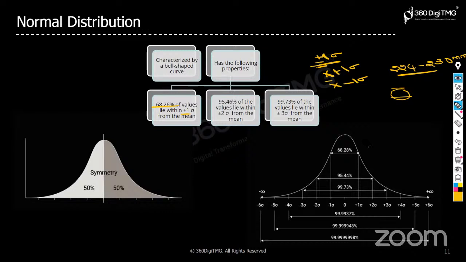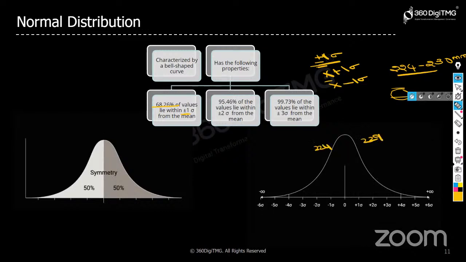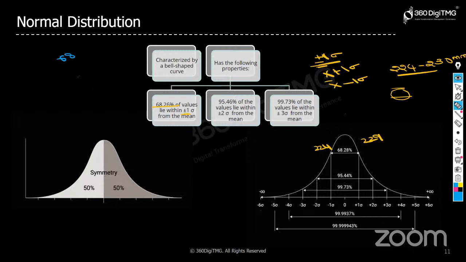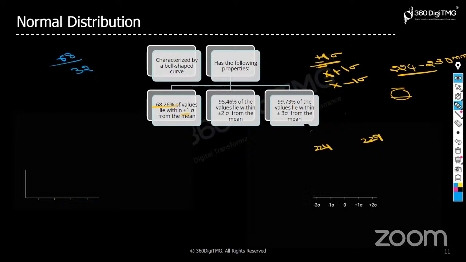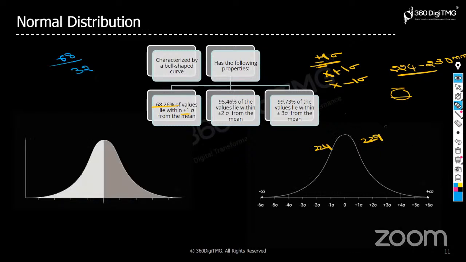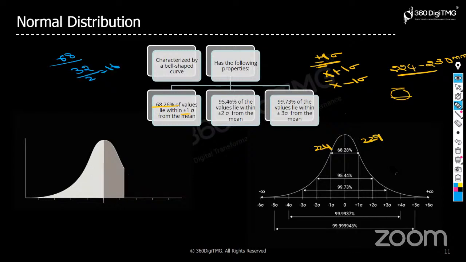So what about the others? If I take this as 68%, then what is remaining? 32% is remaining. But this is a normal distribution, so normal distribution means right and left should be the same. So 32 divided by 2 is 16. So 16 values will be here and 16 values will be here, and the remaining 68 will be here.